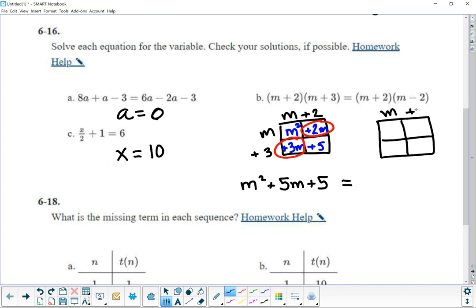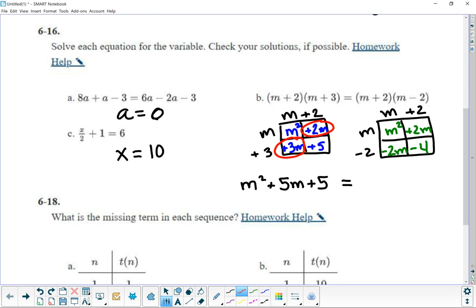And that's supposedly equal to, now on this side, another area model. m plus 2, m minus 2. If I'm doing the work again, m times m is m squared. m times 2 is a positive 2m. Excuse me, m times negative 2 is a negative 2m. Negative 2 times positive 2 is a negative 4.